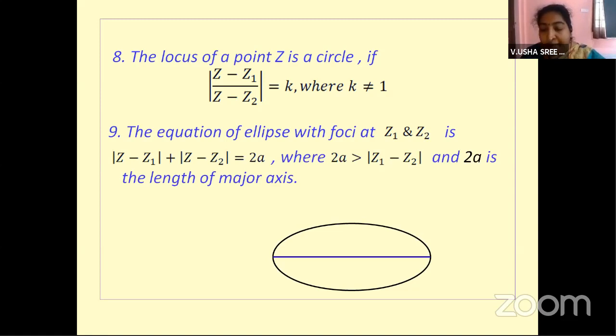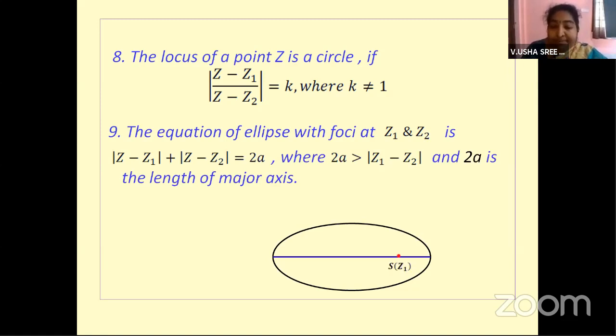The general equation of an ellipse will be x square by a square plus y square by b square equal to 1. The length of this major axis will be represented with 2a. And we do have the minor axis. The minor axis will be exactly perpendicular to this major axis, and that will be represented with 2b.